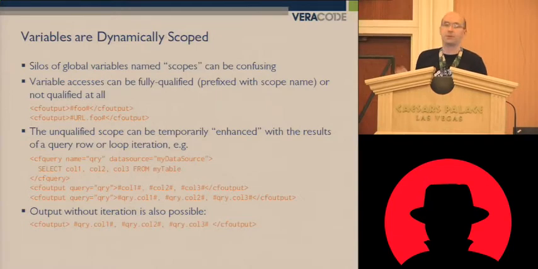Now, if you don't use fully qualified variables, if you just use variables named foo or i or x, being able to tell exactly what you're going to get just by looking at it can be kind of tricky. You kind of have to know, for example, in the case of CF query, if you select rows from a database, the names of the result columns get imported into the local variable scope, and you can just refer to them through there.